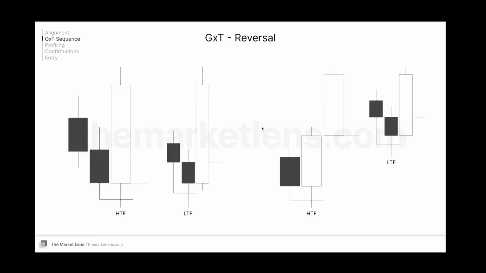Right, this is GxT reversal. It doesn't matter if it's a reversal candle on the higher time frame or an expansion candle on the higher time frame. It's simply when the low of a candle is formed from a lower time frame swing formation. So here's the opening price of this candle. As you see, it opens low first, creates the low from a lower time frame swing formation, right? That's our confirmation to confirm the low of the higher time frame candle.